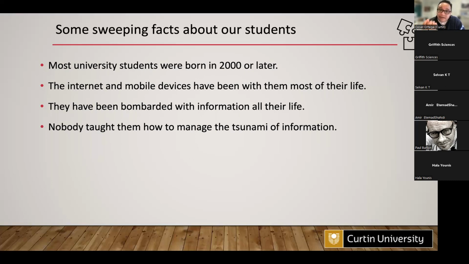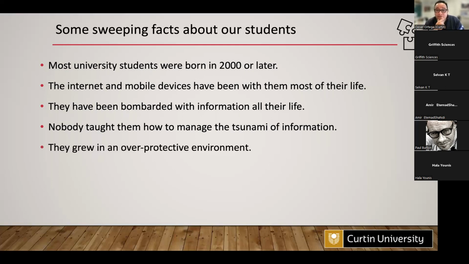They don't have a framework for discriminating, analyzing and assessing the quality of the information they are receiving. So for them, a post on Facebook, a post on Instagram, and a post in Scientific American are probably the same. It's just different opinions, different outlets of information. So it's a bit of a problem.